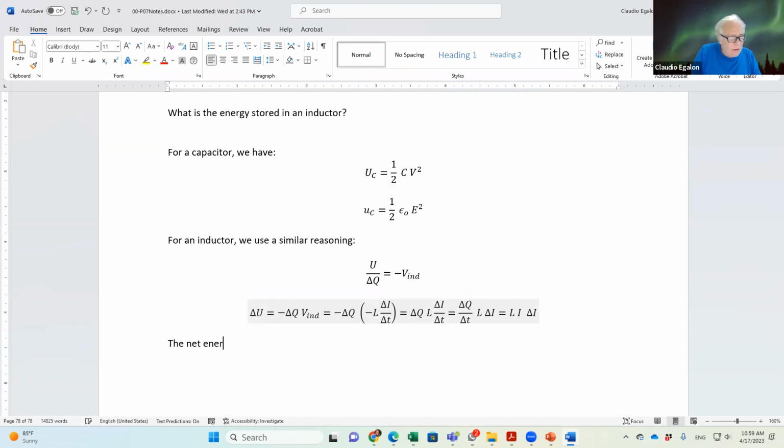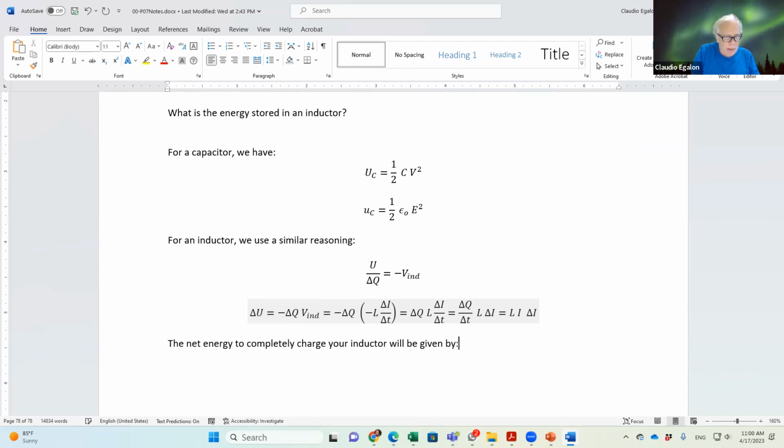The net energy to completely charge your inductor will be given. I'm not deriving it here, okay? I can do only as much here, right?